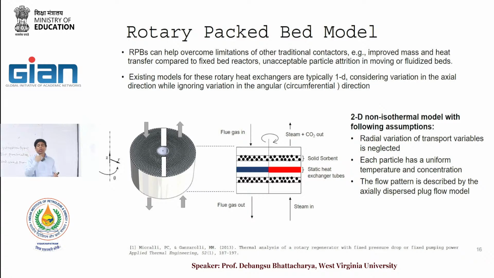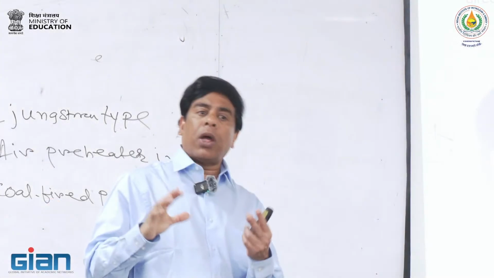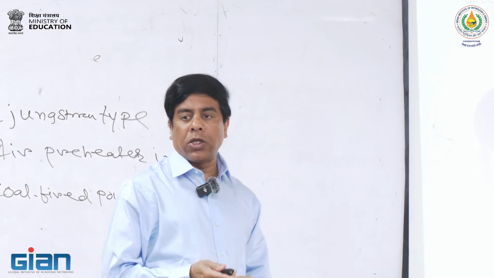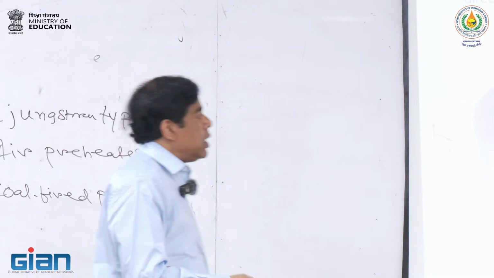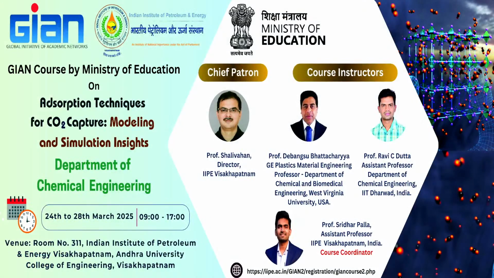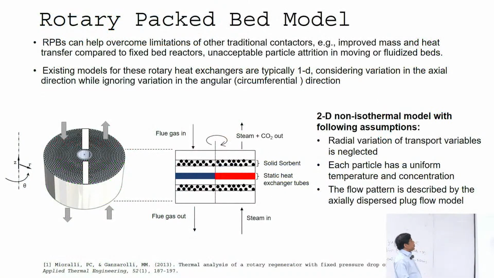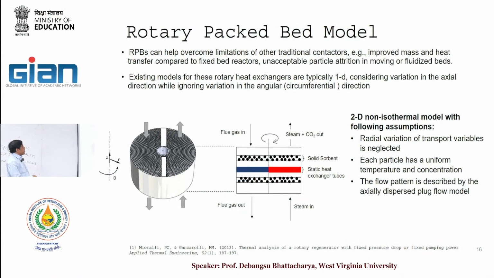So you say, okay, I need 20 gram or 50 gram or 100 gram of adsorbent, and it may take longer, but this gives you the flexibility that you can just change the speed of the motor, and that gives you the residence time, and then you can process more gas. So this has got one really nice degree of freedom.